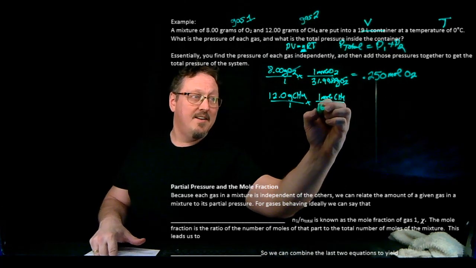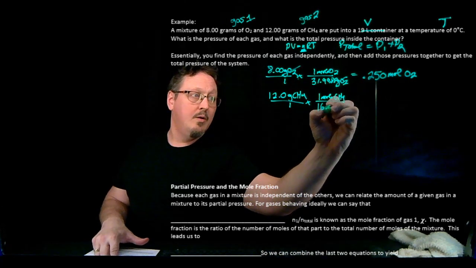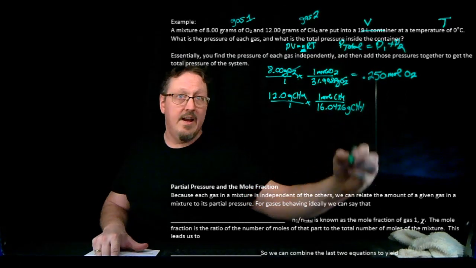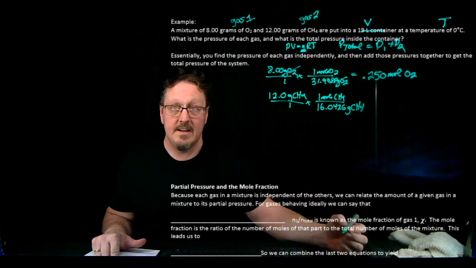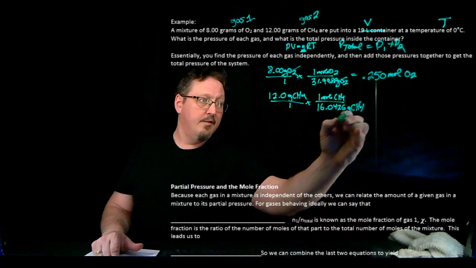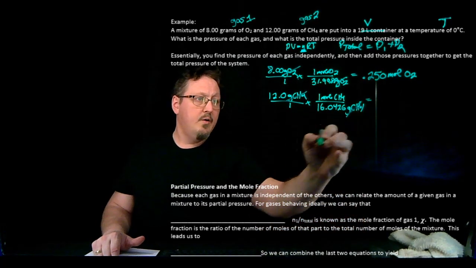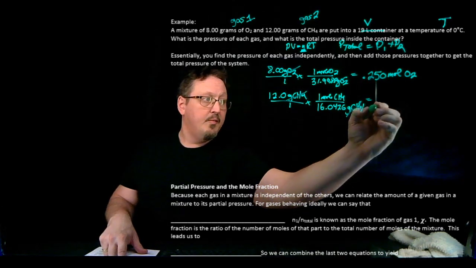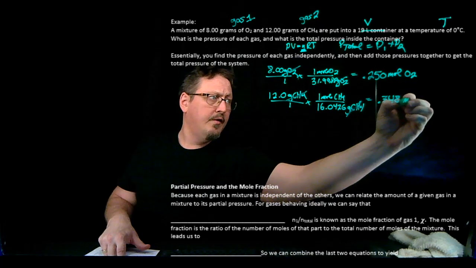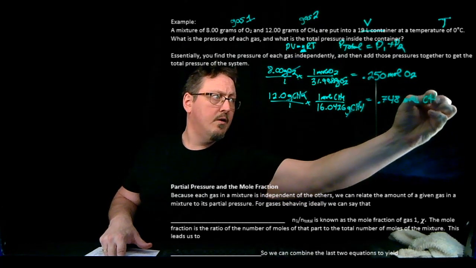I got 16.0426 grams of CH4. And yes, we could have rounded that to sig figs, but I like to round at the end if I round at all. And here we go. So 12 divided by 16 gives me about 0.748 moles of CH4.